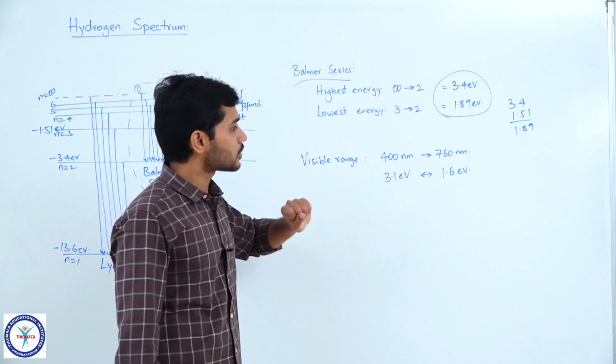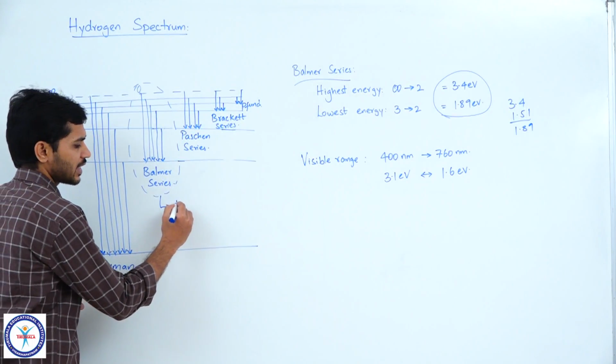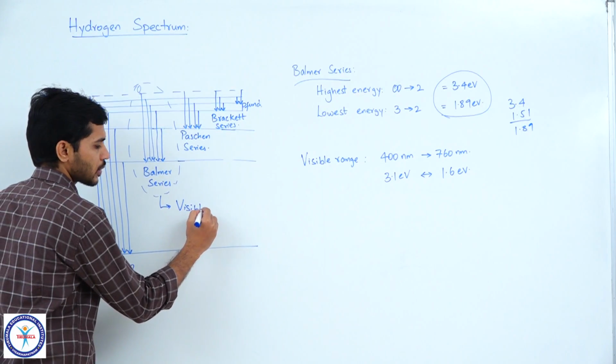So we can consider that the Balmer series lies in the visible range.